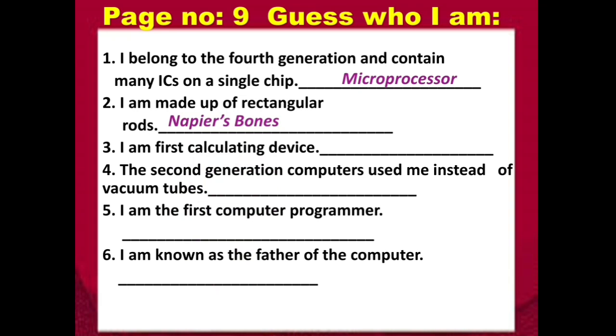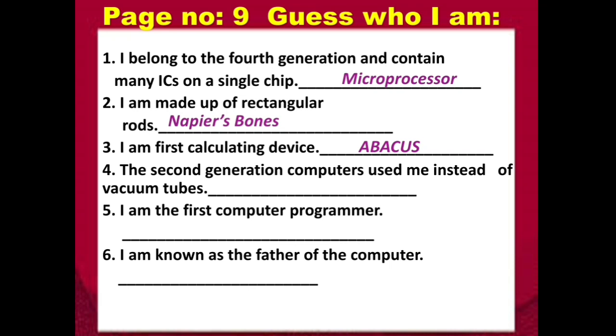The next one: I am the first calculating device. What is the answer? Abacus. The next question: the second generation computers used me instead of vacuum tubes.